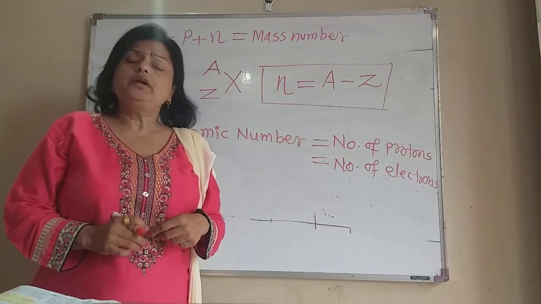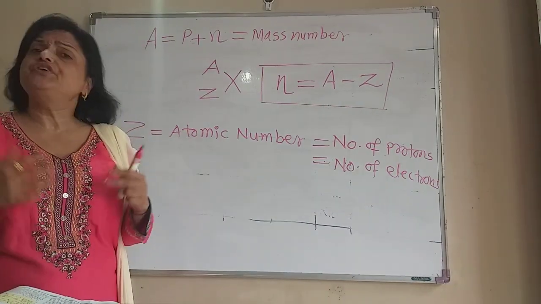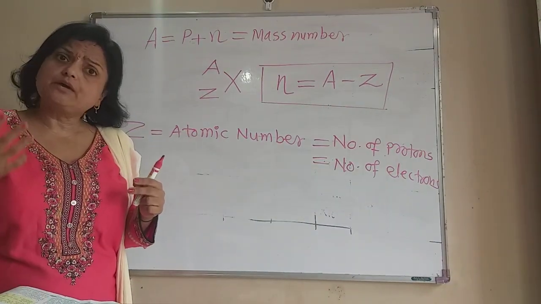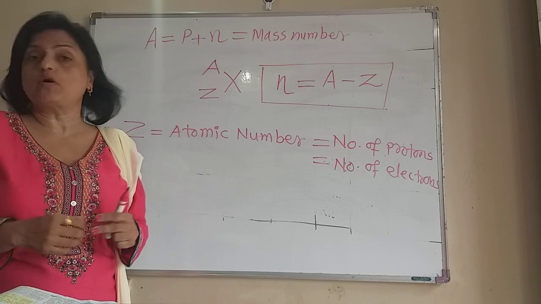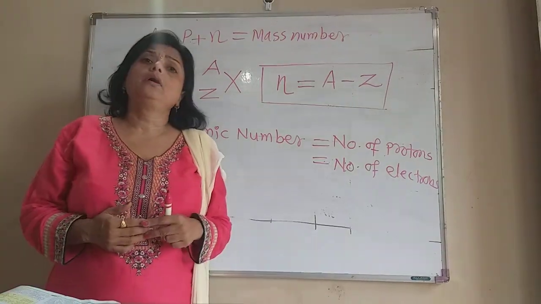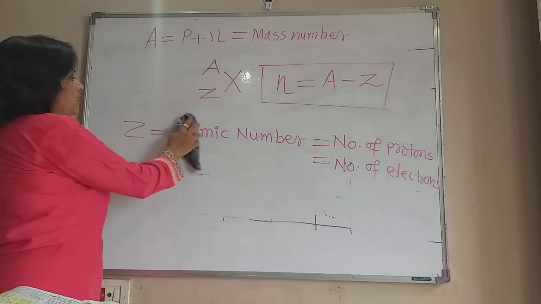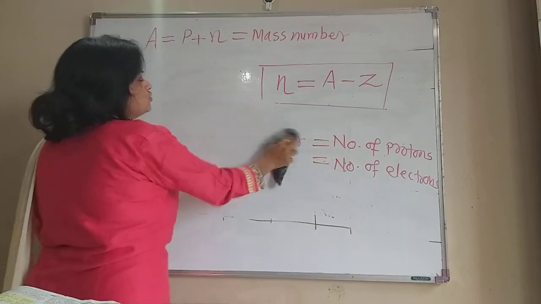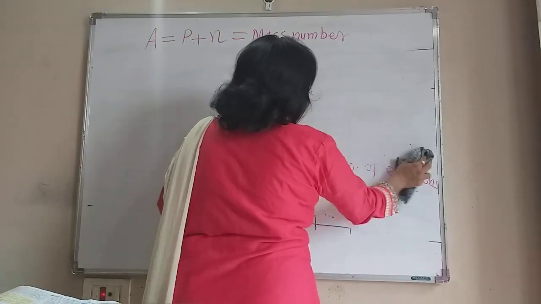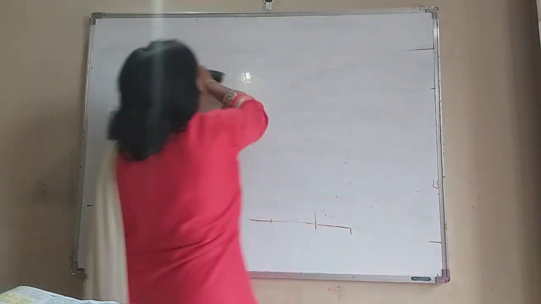Now in nature, there are elements whose atoms are found in two or three different forms. Why is that so? For example, carbon has three different types of atoms, and the very simple example is hydrogen.